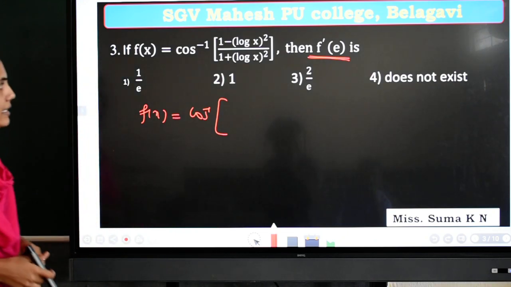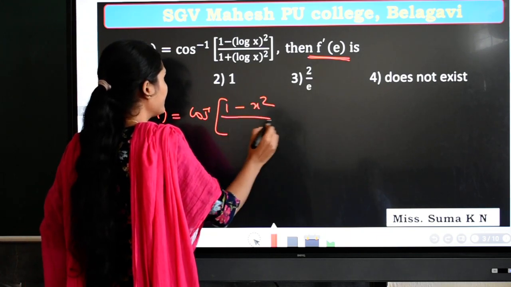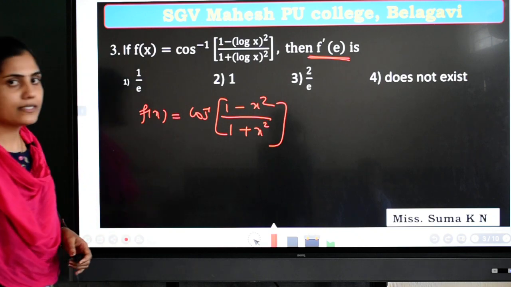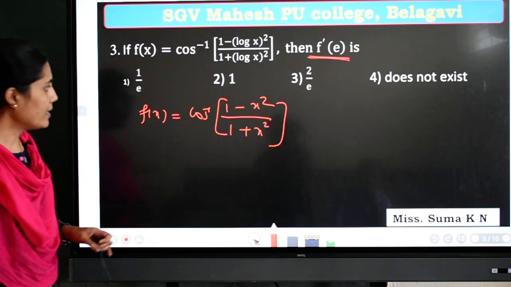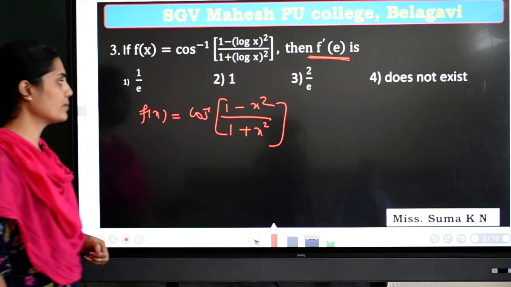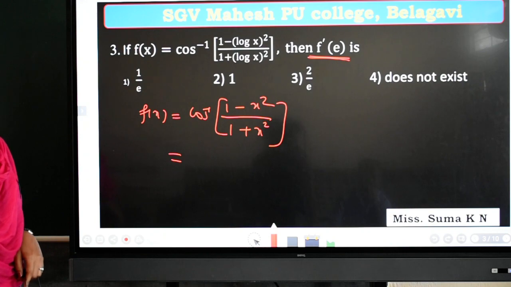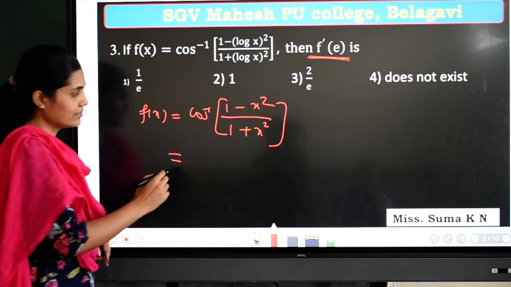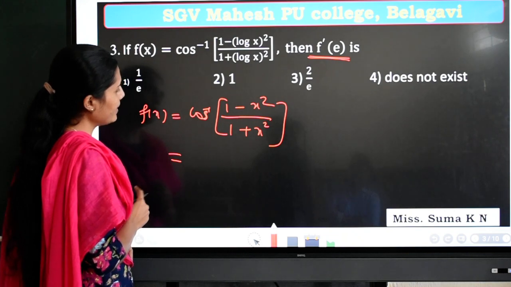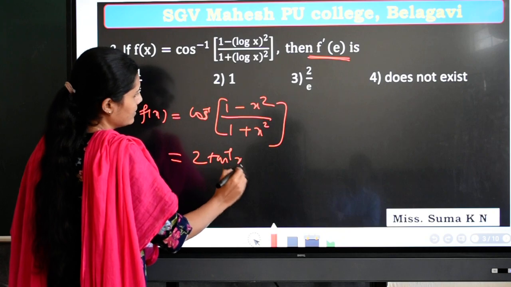Okay, just think about the formula for cos inverse of 1 minus x square divided by 1 plus x square. In the place of x they have taken log x. Cos inverse of 1 minus x square divided by 1 plus x square is 2 tan inverse x.